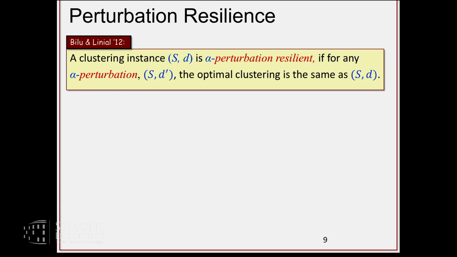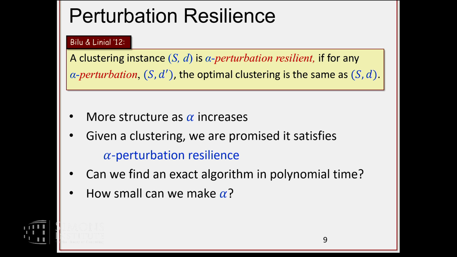Okay, so now I'm just going to talk about what we do in this line of work. So this is going to be a promise condition. We're given a clustering instance, and we're promised that it satisfies perturbation resilience. As I mentioned before, for alpha equals 1, this would not be an assumption at all. But for alpha equals 100, it would make the problem trivial, because all the clusters are really spread out.